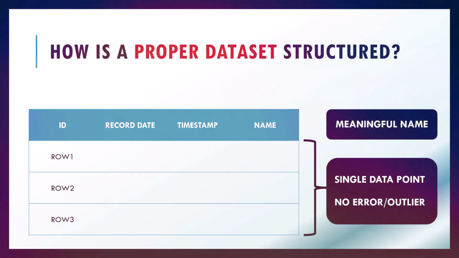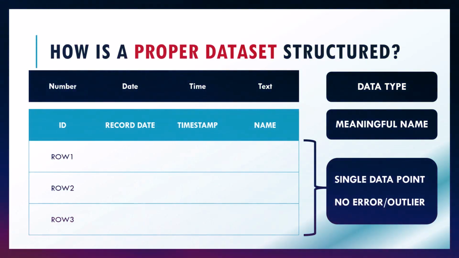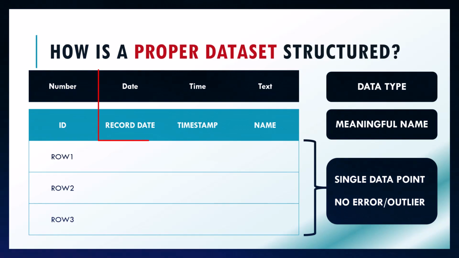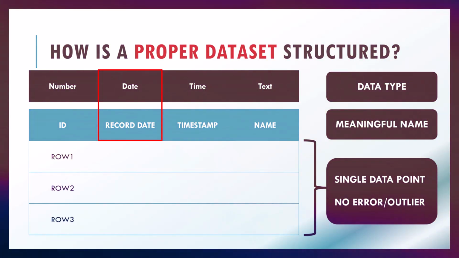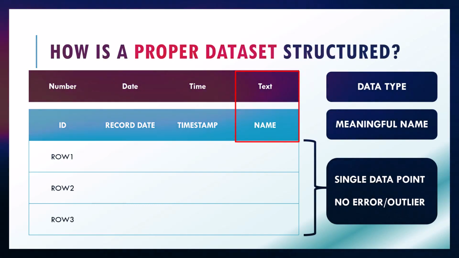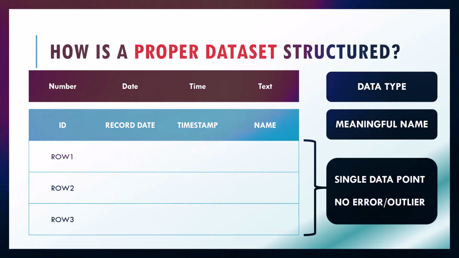Finally, each column should be assigned a proper data type. For example, IDs are classified as number, record date as date, timestamp as time, and name as text. Classifying the correct data type helps us to better understand and analyze data at a later stage.